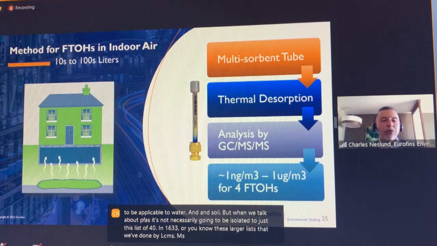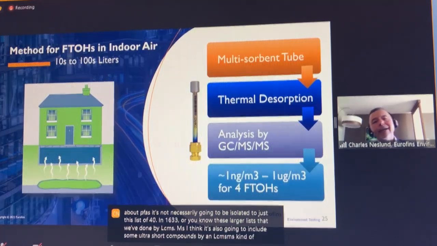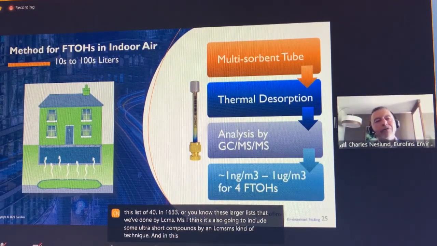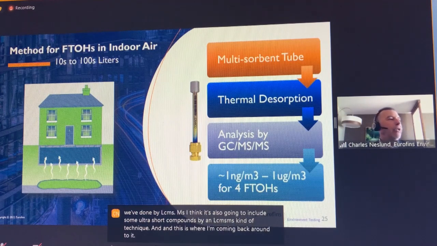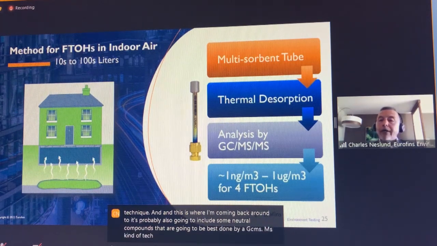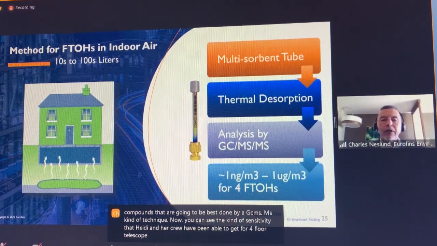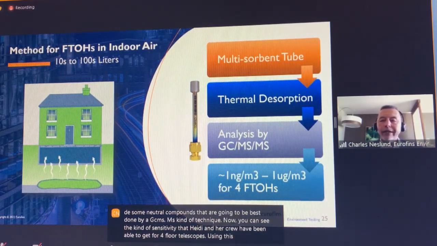I think it's also going to include some ultra short compounds by an LC-MS/MS kind of technique, and this is where I'm coming back around to, it's probably also going to include some neutral compounds that are going to be best done by a GC-MS kind of technique. Now, you can see the kind of sensitivity that Heidi and her crew have been able to get for 4 fluorotelomer alcohols using this multi-sorbent technique.